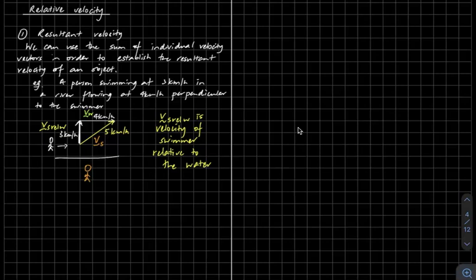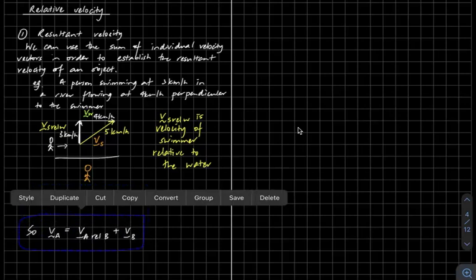Now, if we want to generalize that, we could say the velocity of an object, so this is the true velocity of A, which in our example is the true velocity of the swimmer. You can see that that's the vector sum of the velocity of A relative to B plus the velocity of B. I'll move that down a bit and actually write it in using our example.